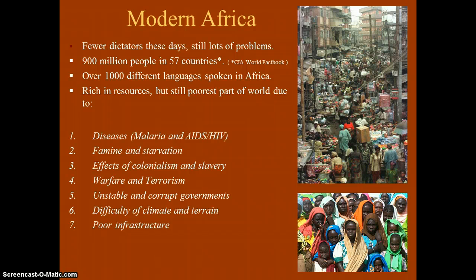And Africa is rich in resources, but it's still the poorest part of the world. You've got diseases like malaria and AIDS and HIV, famine and starvation, again the effects of colonialism and slavery, warfare and terrorism, unstable and corrupt governments, and difficulty of climate and terrain. They also have very poor infrastructure.